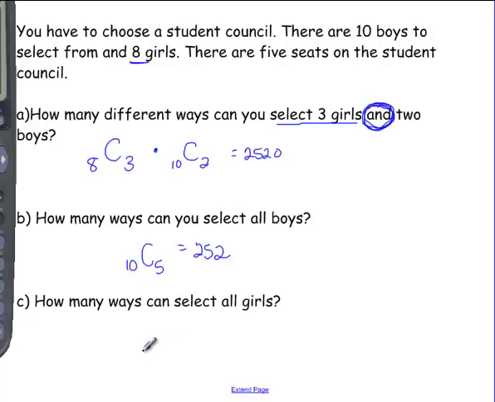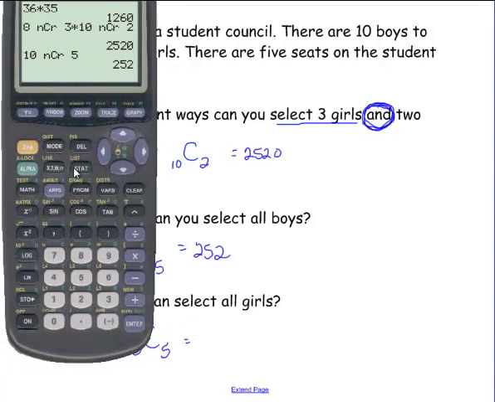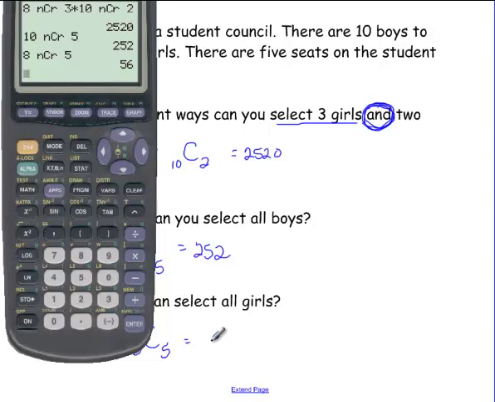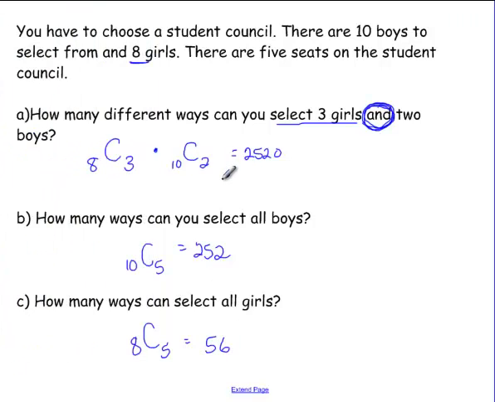Well, I think you got it by now. I only have girls to pick from, and I've got to pick 5. I'm going to just re-grab up here so I don't have to go into math again. 8C5. There's only 56 ways. Okay, done.